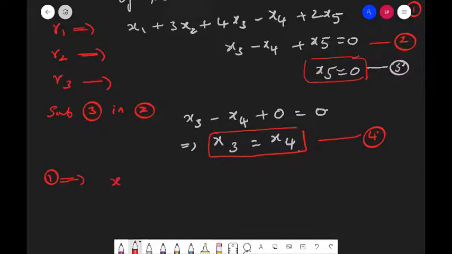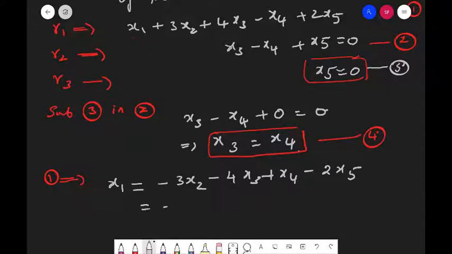So I have x1 is equal to, let us keep x1 this side because x1 is the basic variable, and write all the other variables on the other side: minus 3x2, x2 is a free variable, we keep it as it is, minus 4x3 plus x4 minus 2x5.